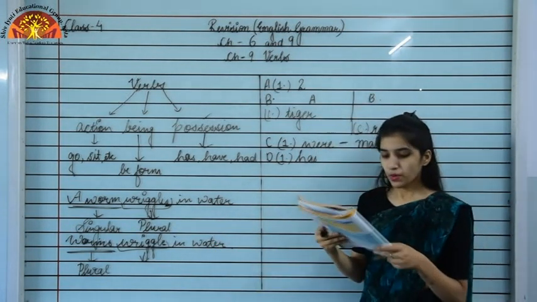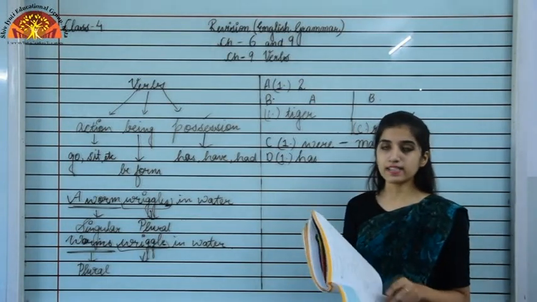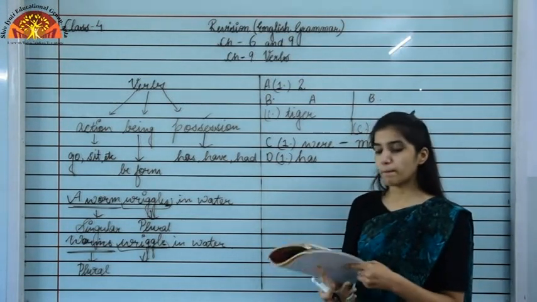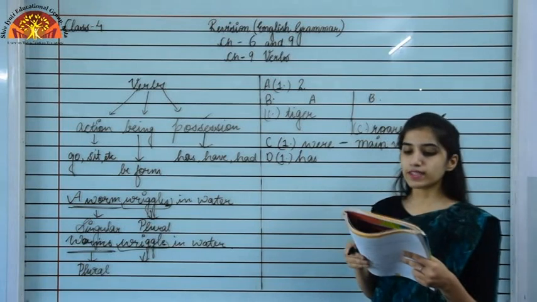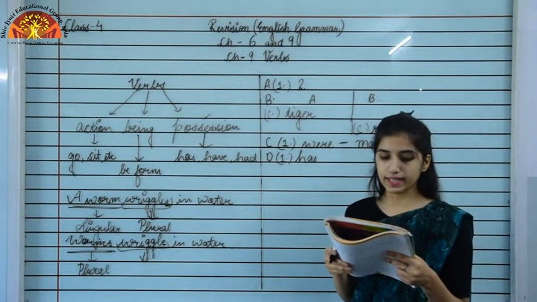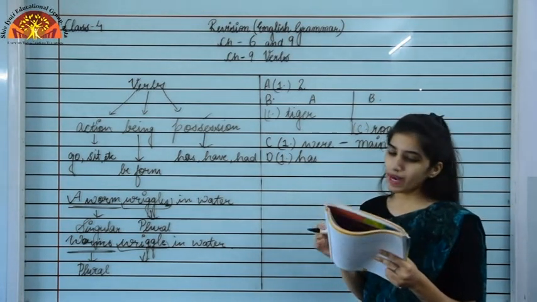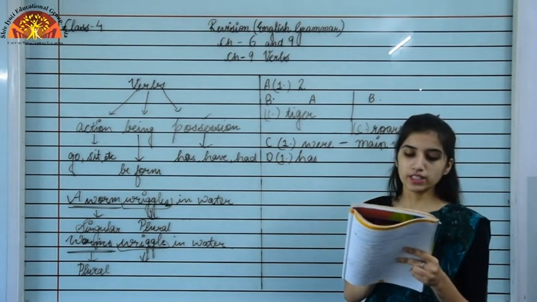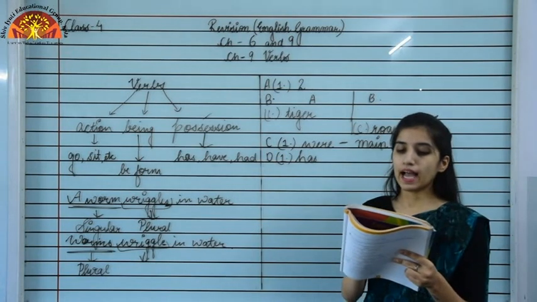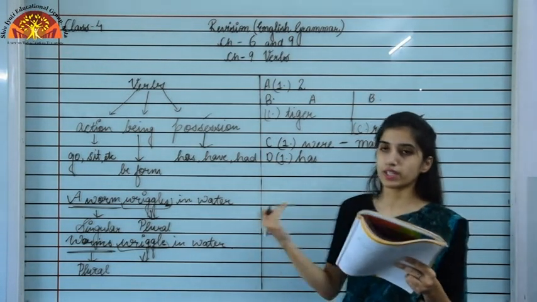Okay, now moving to the next exercise, exercise number E on page number 44. Fill in the blanks with correct forms of the verb given in brackets. We have to choose the correct form of the verb given in the bracket. The first is Rani dash dancing and her friends dash watching her.